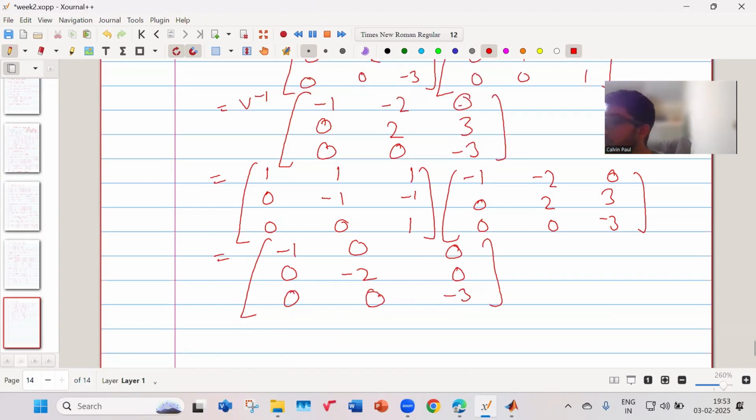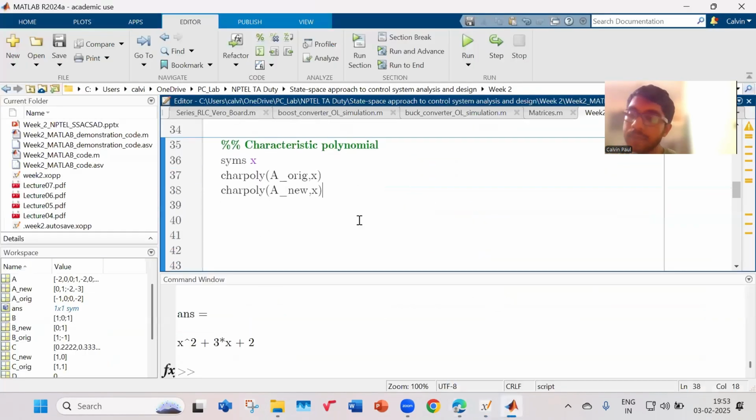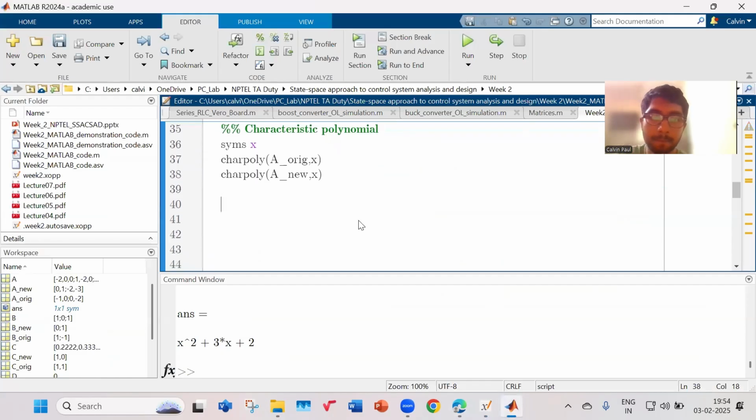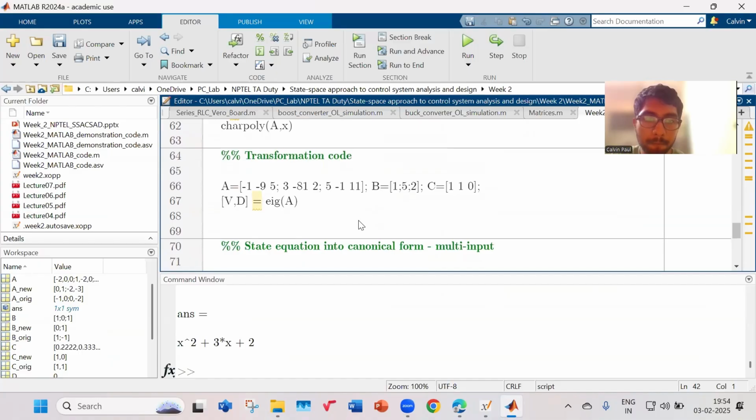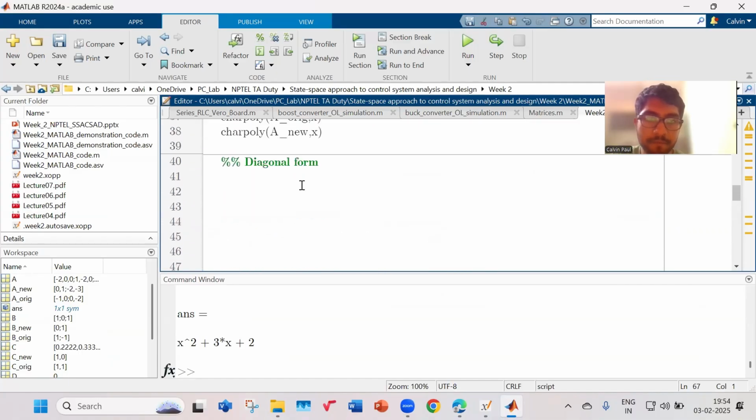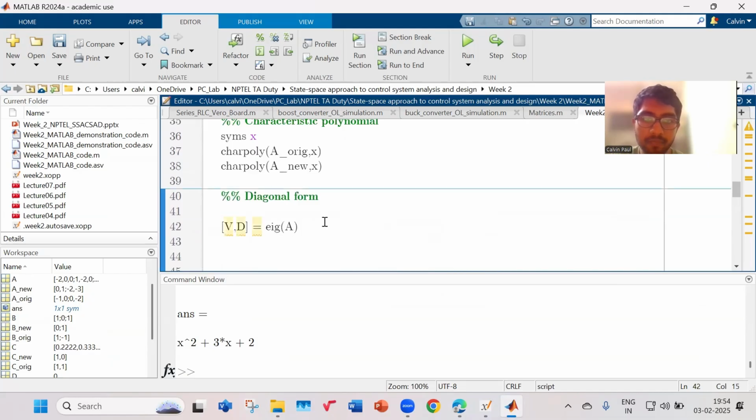Okay, so we got the diagonal matrix. Using this transformation we were able to get the diagonal matrix. So now let us try in MATLAB. So what is the A matrix?